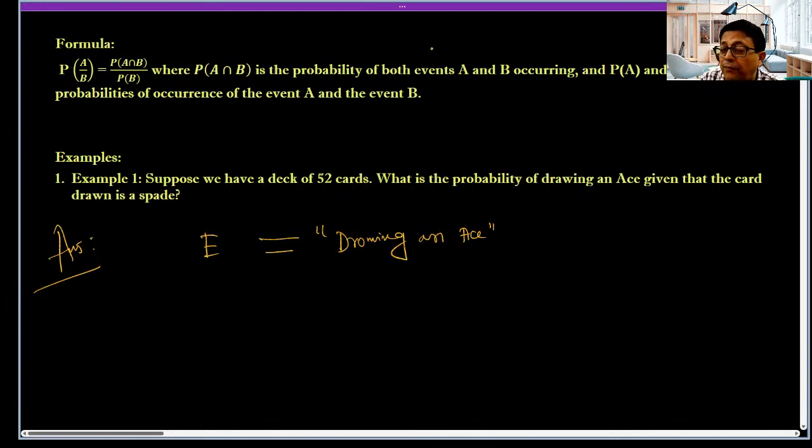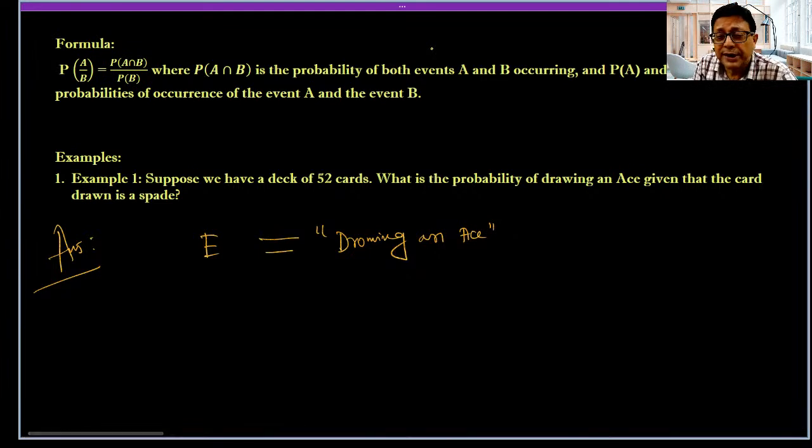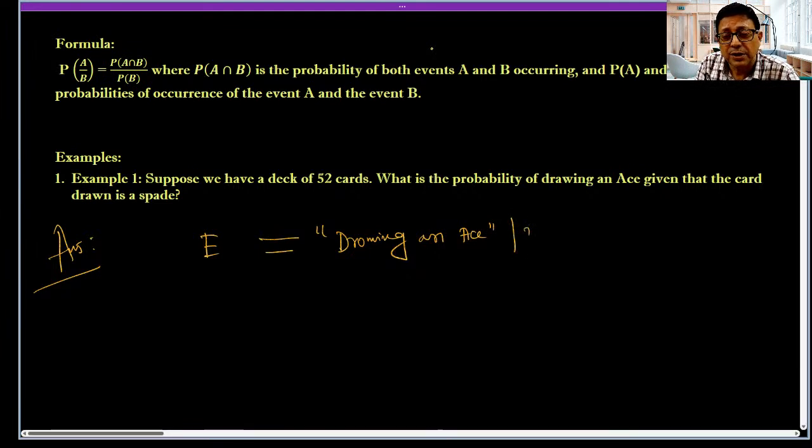You know very well, 4 aces are there, 2 black aces and 2 red aces, that is spades, clubs, hearts and diamonds. So n(E) is 4, and P(E) is 4 by 52.